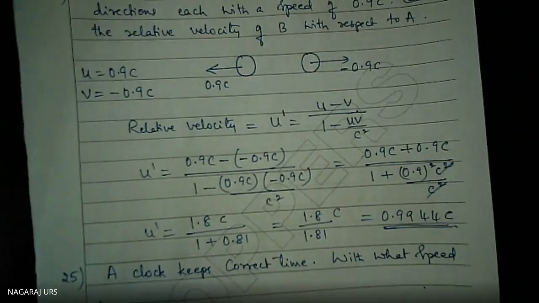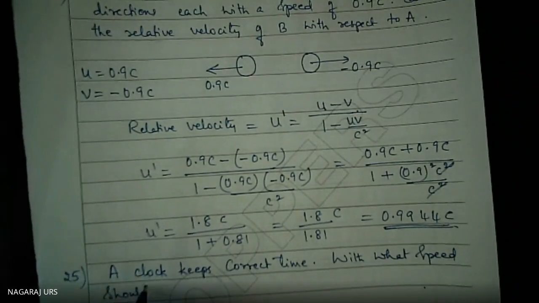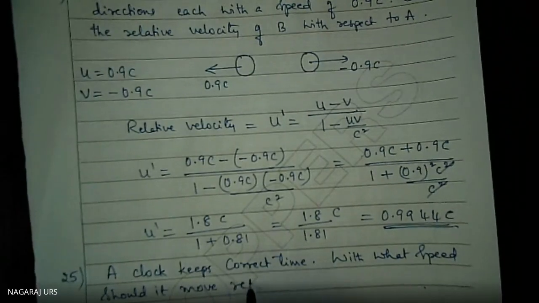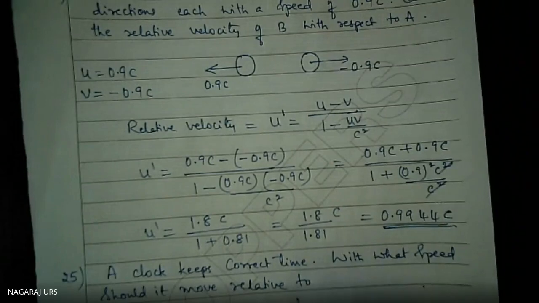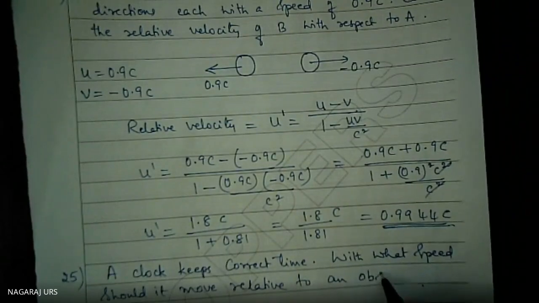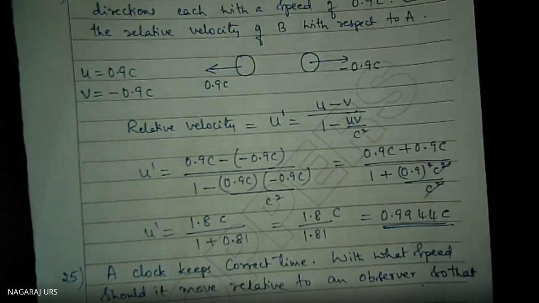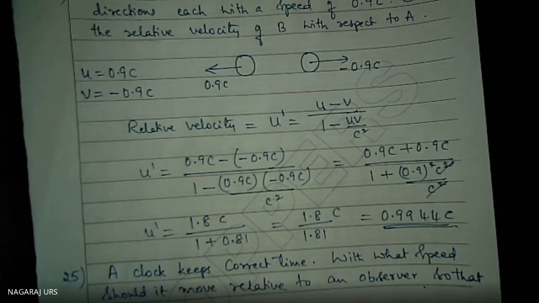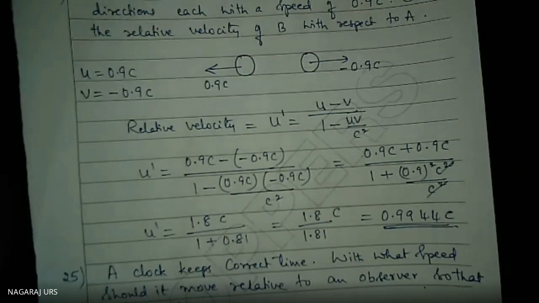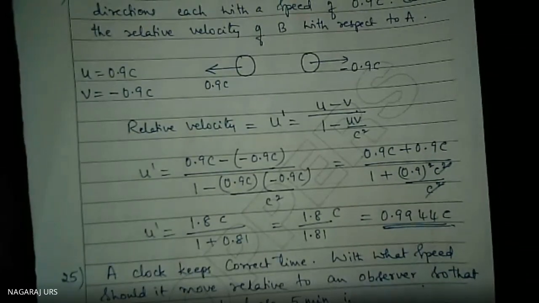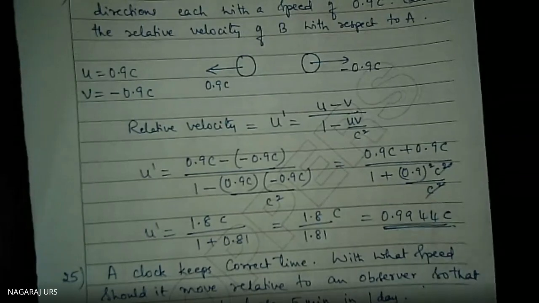With what speed should it move relative to an observer so that it may seem to lose five minutes in one day? Do it.